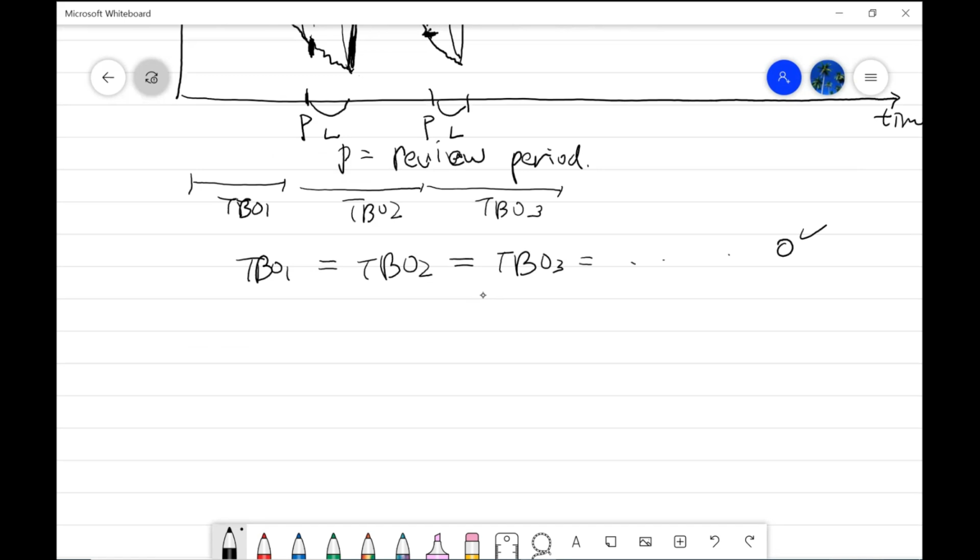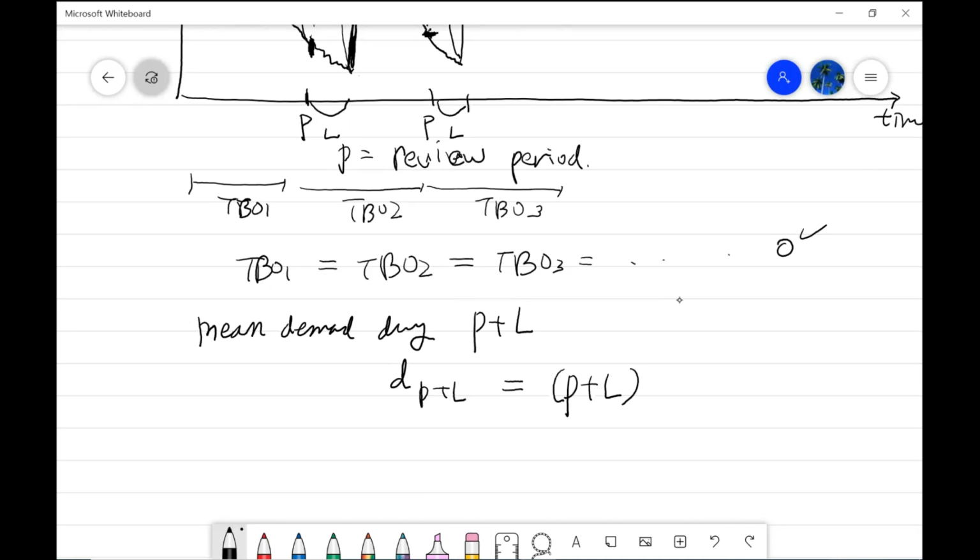Let's say here, the mean, the average demand during P plus L, the review period plus lead time, is D times (P plus L). I'm using the same formula, where D is the average demand during a certain time period.